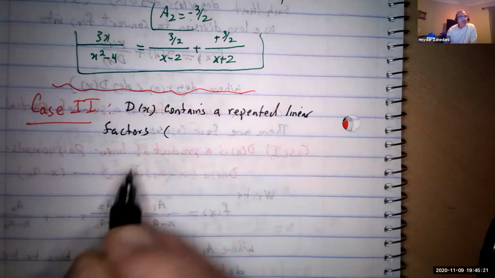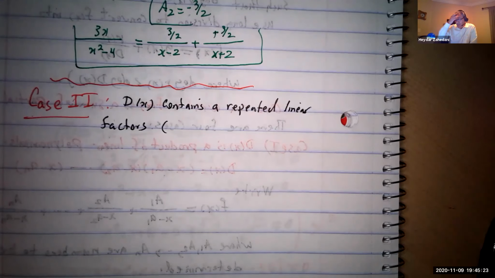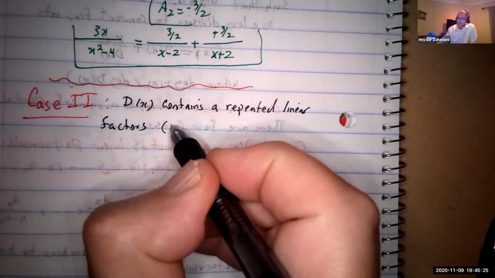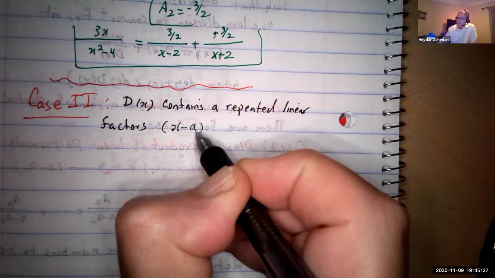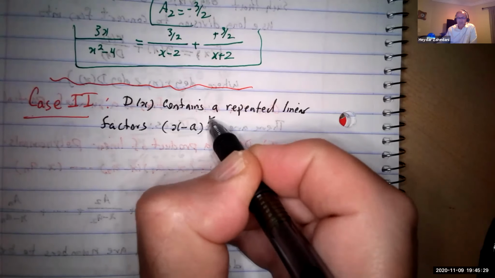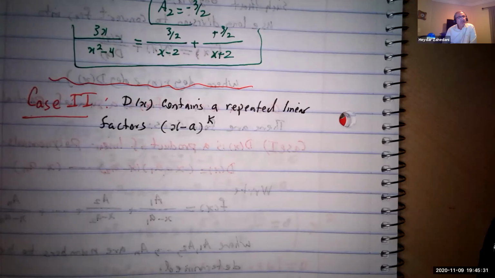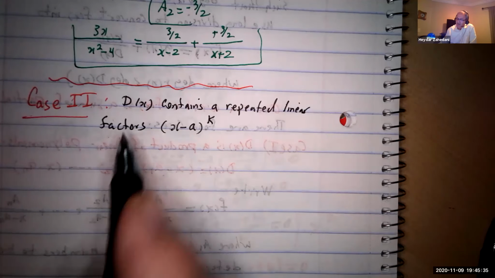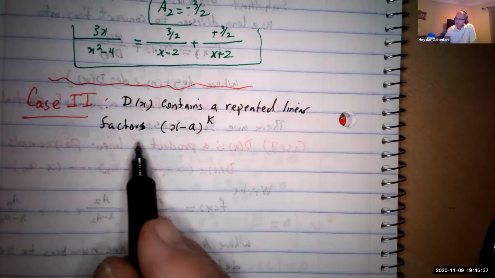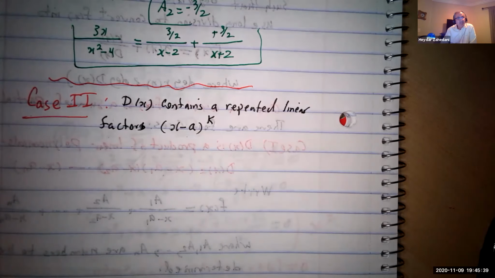Let's say that repeated factor, we give it a name. I'm going to call it x minus a, to the power k. So d(x) contains a repeated factor, x minus a to the k.